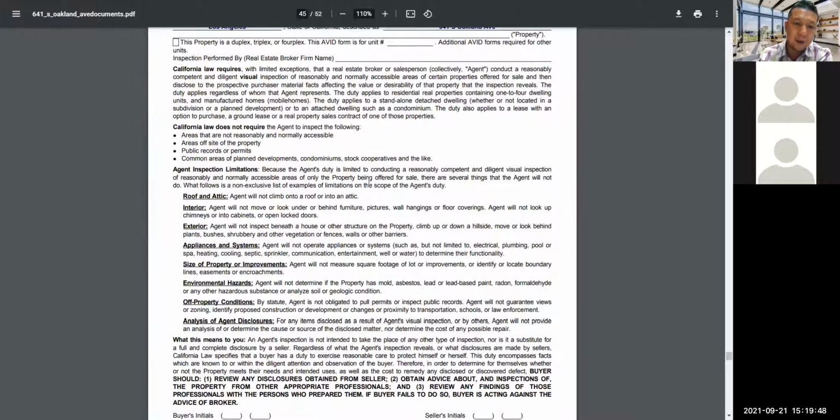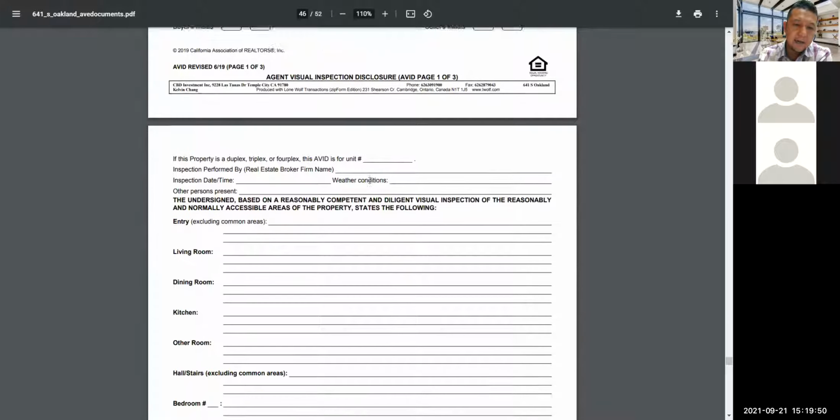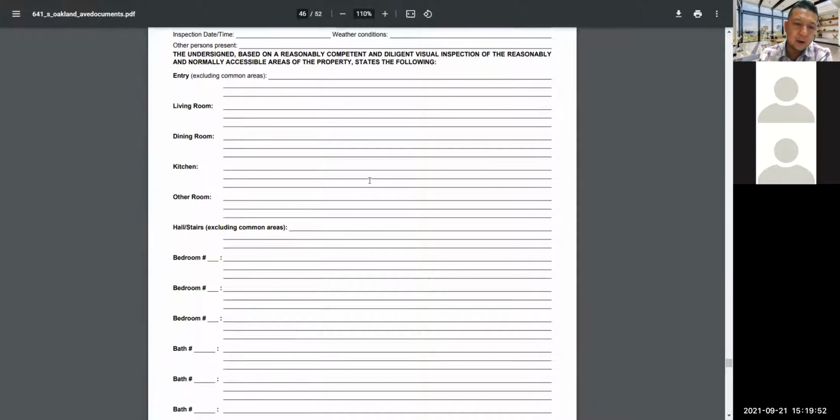That's the SPQ. We kind of covered the AVID, except I want to remind you, you do not need to go in the attic. You don't need to go in the basement. You don't need to move any furniture or look under the rug. All you need to do is walk room by room and look for defective things or items that may cause concern.